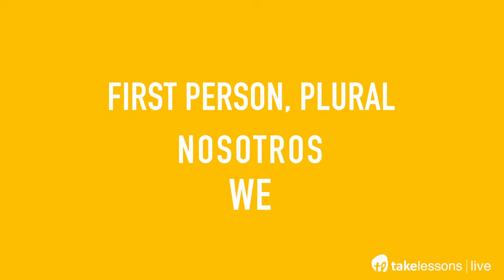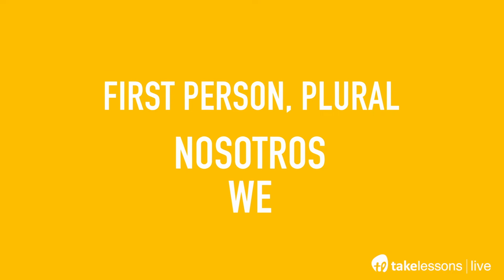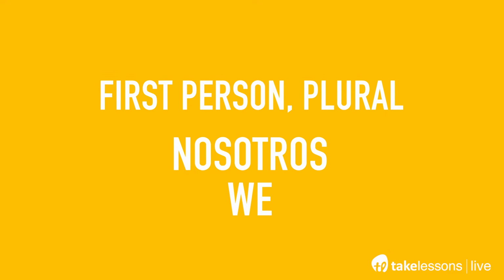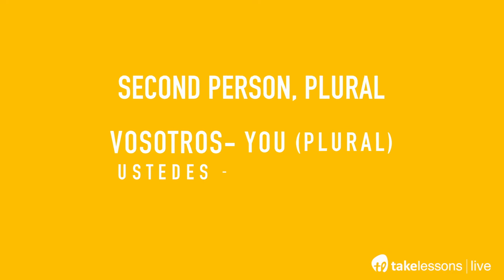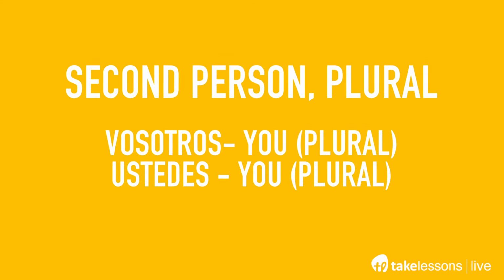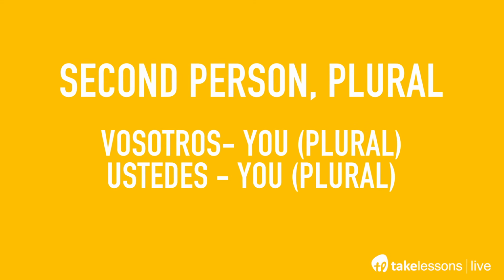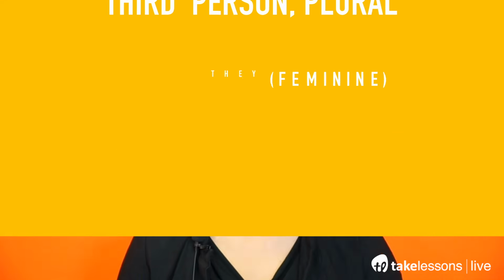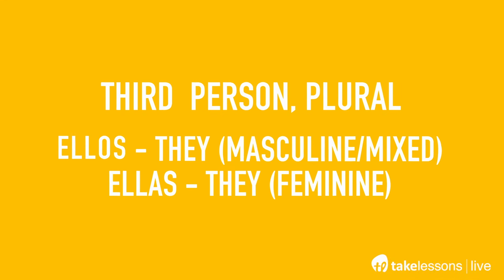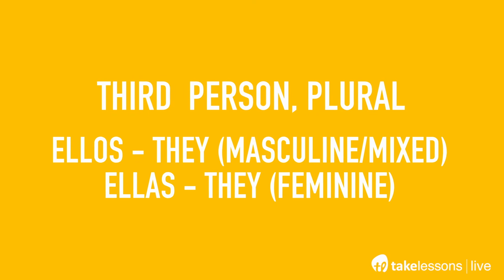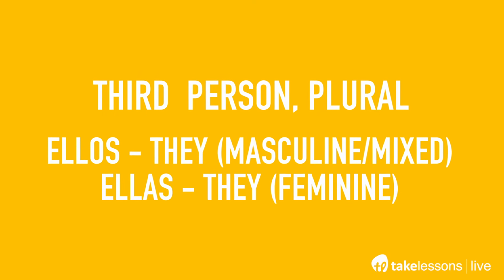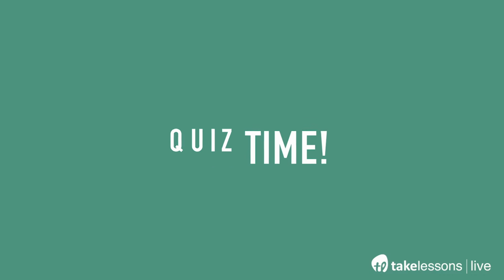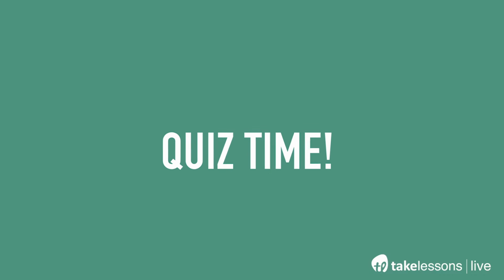For first person plural, we use nosotros, we. For second person plural, we have vosotros or ustedes. For third person plural, ellos or ellas. And now it's time for a quiz.